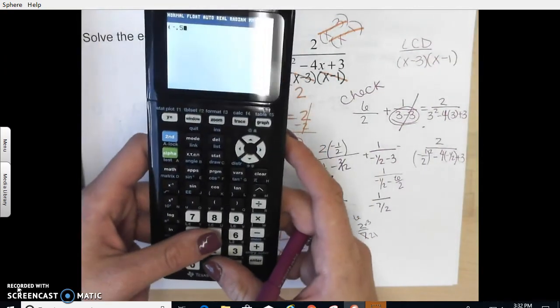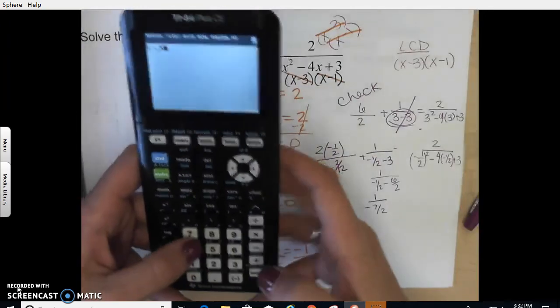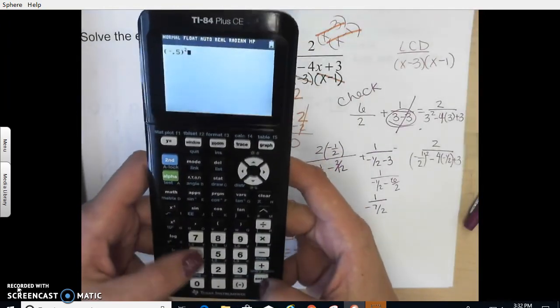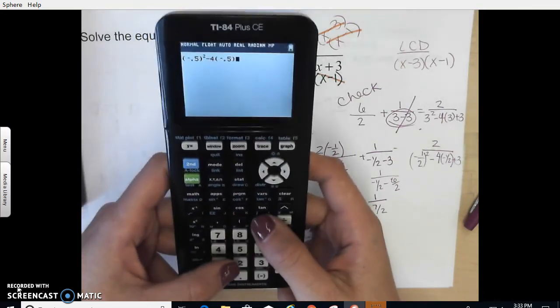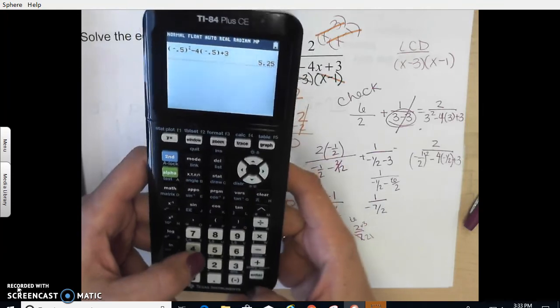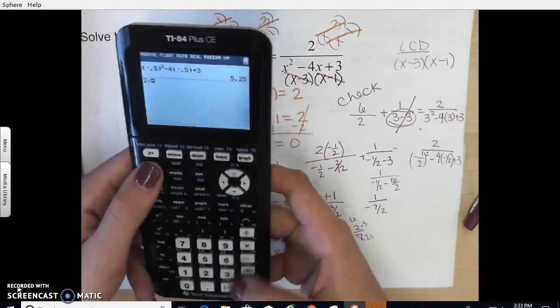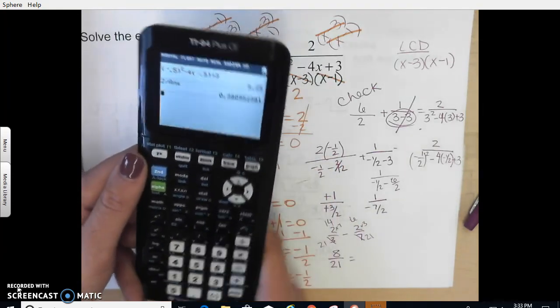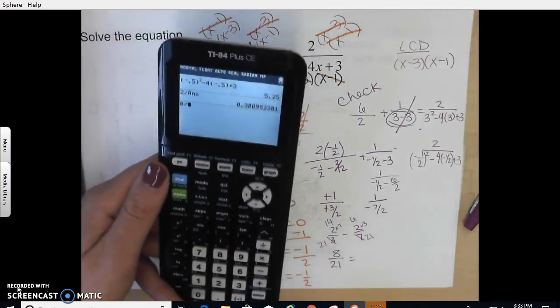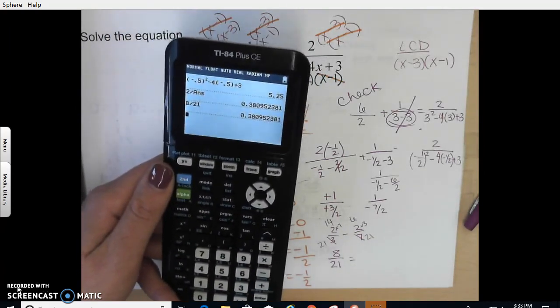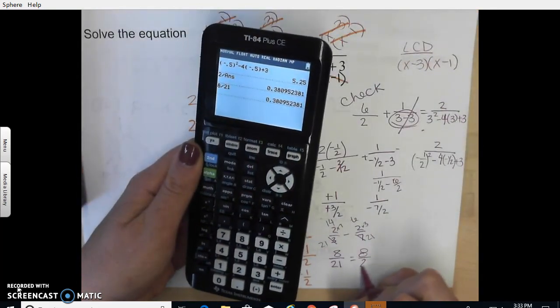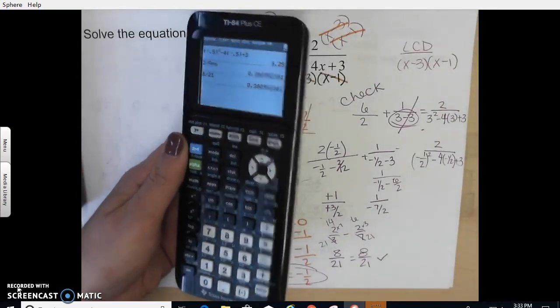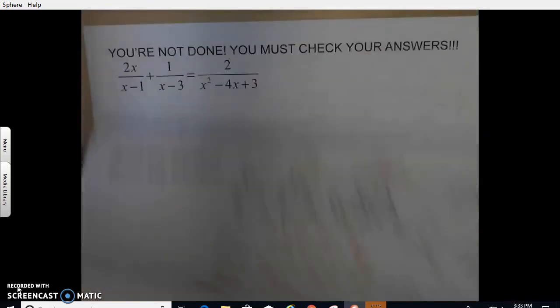Negative 0.5 squared minus 4 times negative 0.5 plus 3. 2 divided by that answer. And is that the same as 8 over 21? Yes, it is. Therefore, negative 1/2 is your solution.